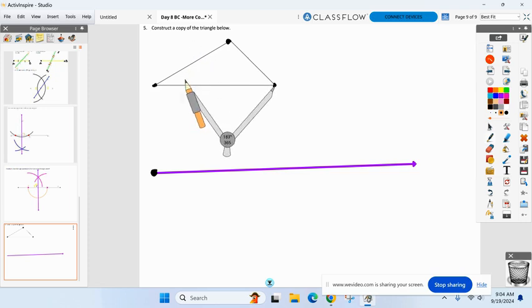If you don't want to copy the longest side, it's still going to work out fine. And then remember, I come down to my ray that you made, put my compass on the endpoint, and I'm going to make an arc, not a huge arc. I don't need to make a huge arc. There we go.